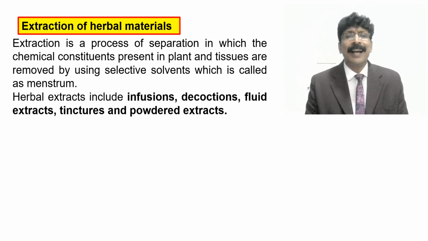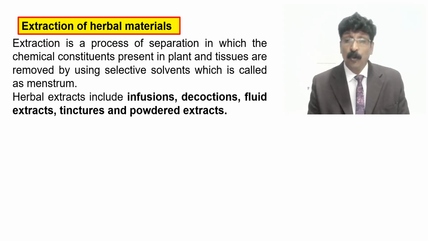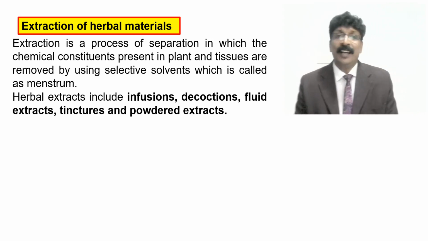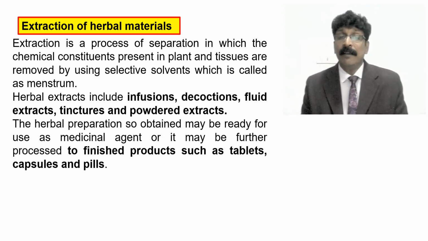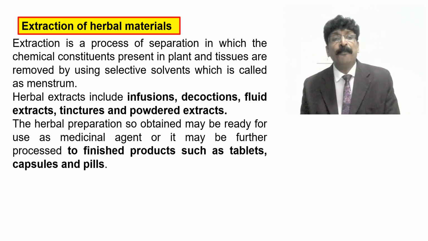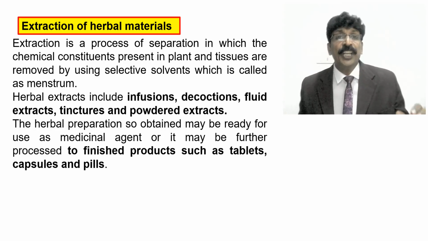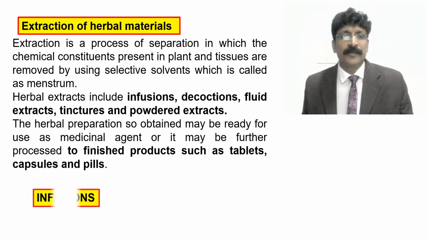Herbal extracts include infusions, decoctions, fluid extracts, tinctures, and powder extracts. The herbal preparations so obtained may be used readily as medicinal agents, or may be further processed into finished products such as tablets, capsules, and pills.